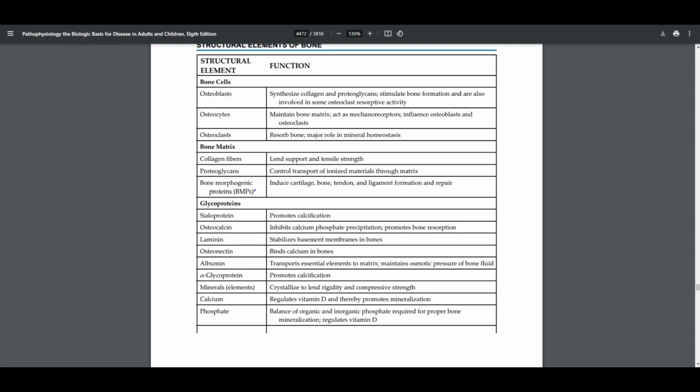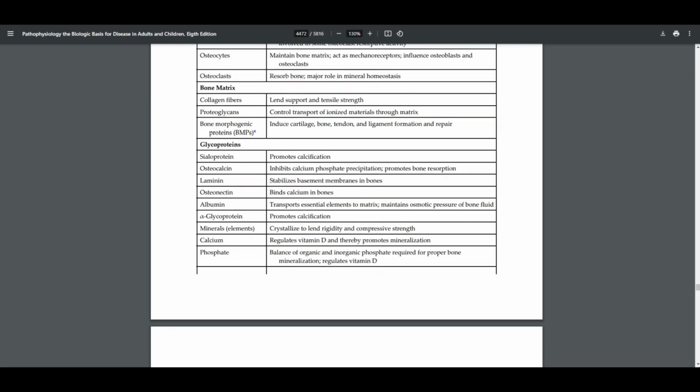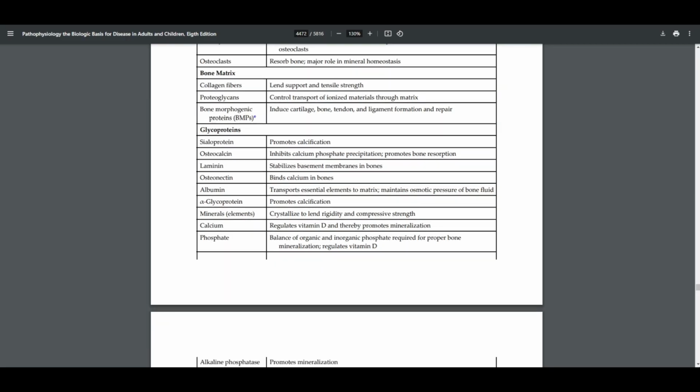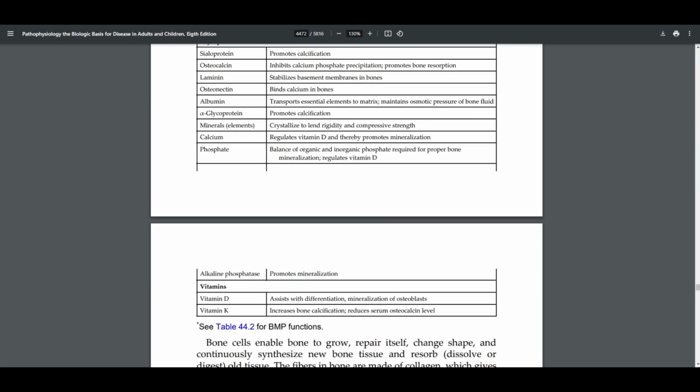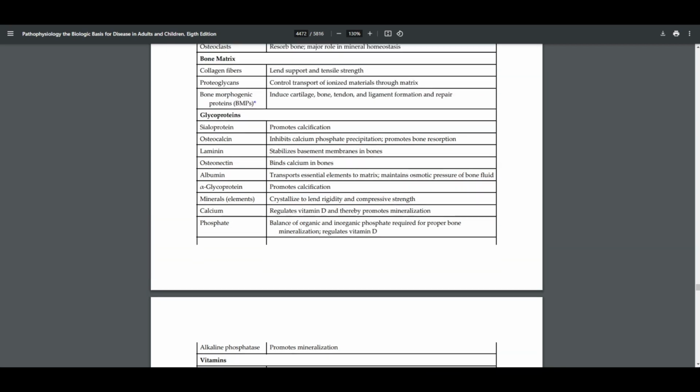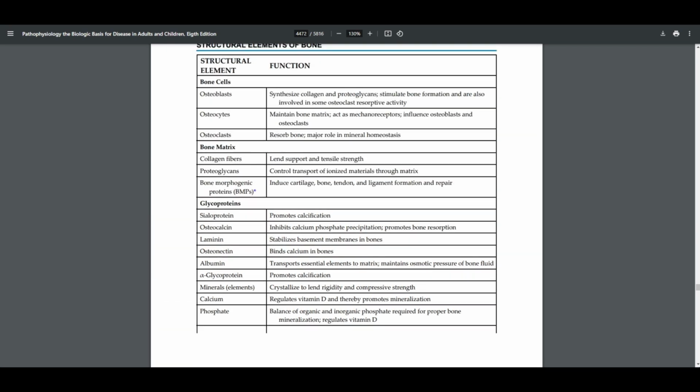The bone matrix, your collagen fibers, your proteoglycans, your bone morphogenic proteins, your glycoproteins, your sialoprotein, osteocalcin, laminin, osteonectin, albumin, alpha-glycoproteins, minerals, calcium, phosphate, alkaline phosphatase, and vitamins D and K. Again, please pause so you can see or read their individual functions. I know I kind of ran through these relatively quickly.